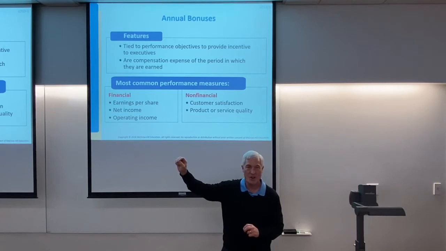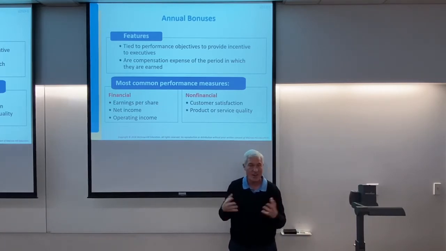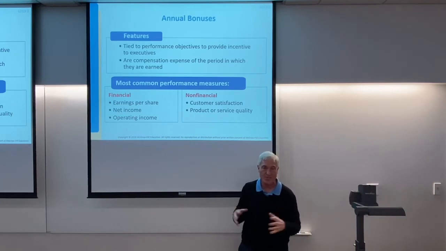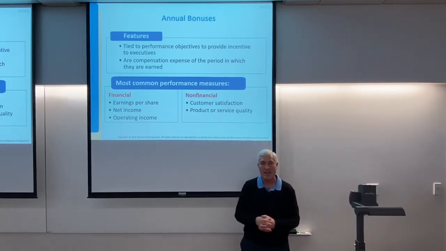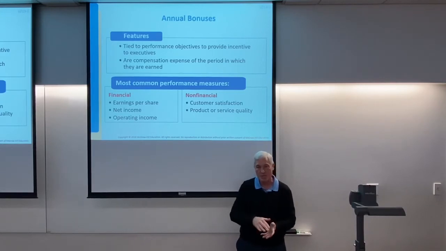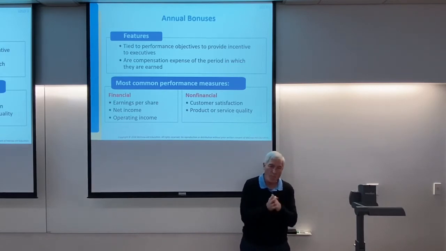That was his bonus target. And I think as a chief accounting officer, I got about 45%. And then entry level managers would get 10%. And so the percent of salary that you would be paid out at the end of the year would be different, but they were all based on the same metric.